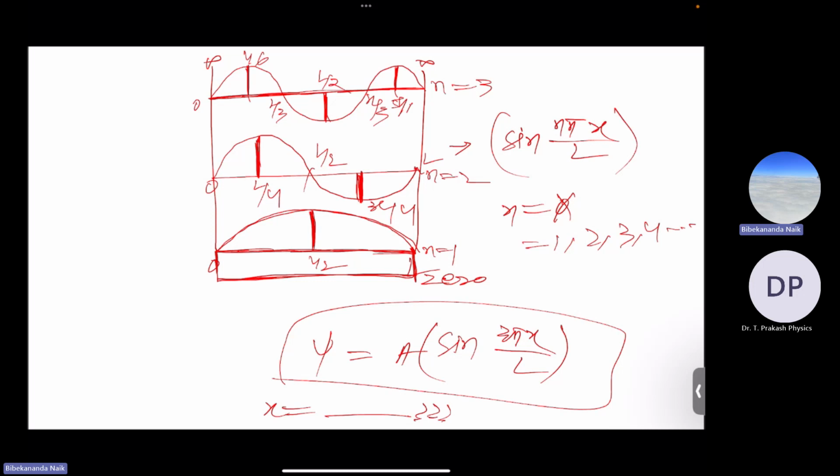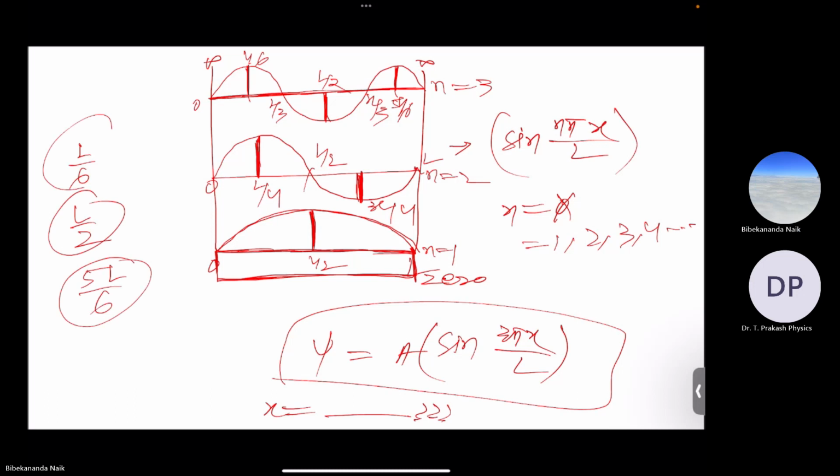So at L by 6, L by 2, and another one is L minus L by 6, which is 5L by 6. So at these 3 points, the wave function will be having maximum probability.